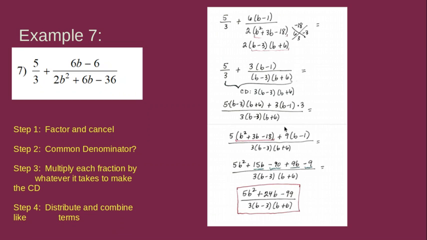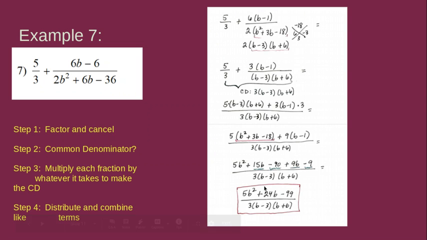And then something else I did was I took 3 times 3, and that gave me 9. Okay, I'm ready to keep distributing. So 5b squared plus 15b minus 90, which is 5 times 18. Your calculator will prove it to you. Plus 9b minus 9. And then combine your like terms.